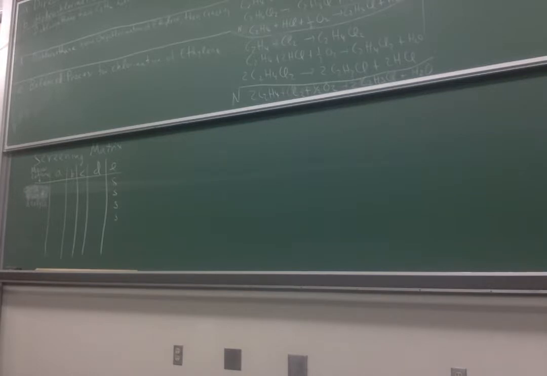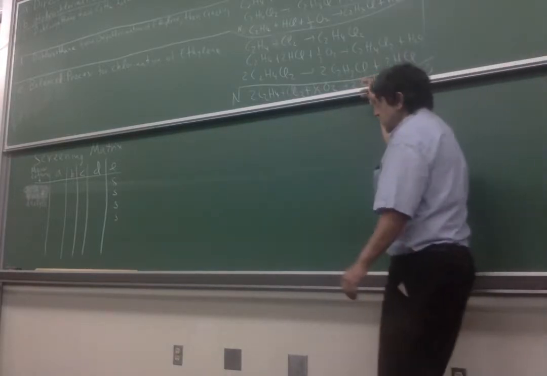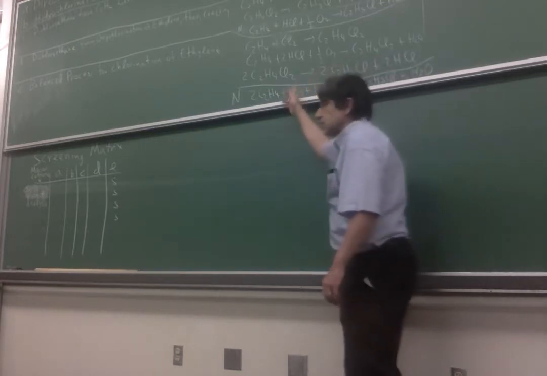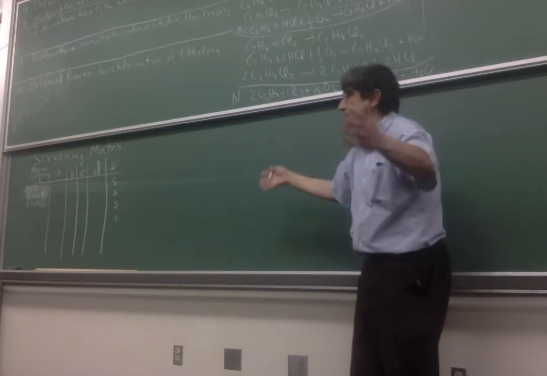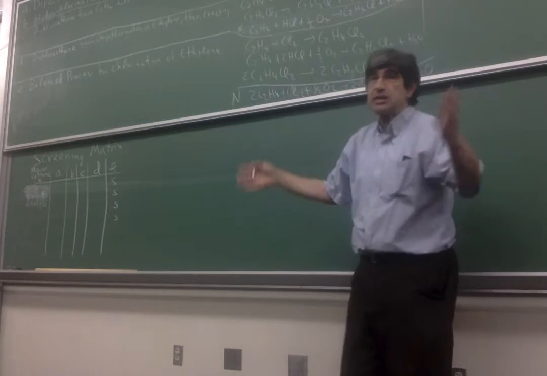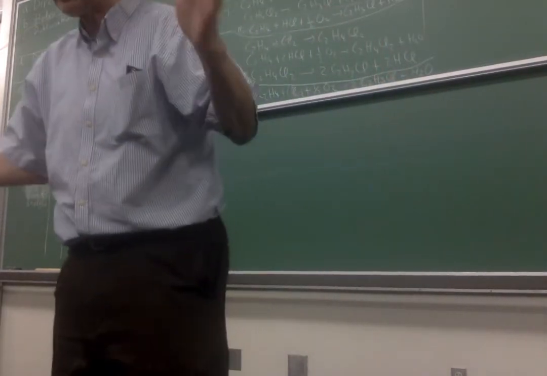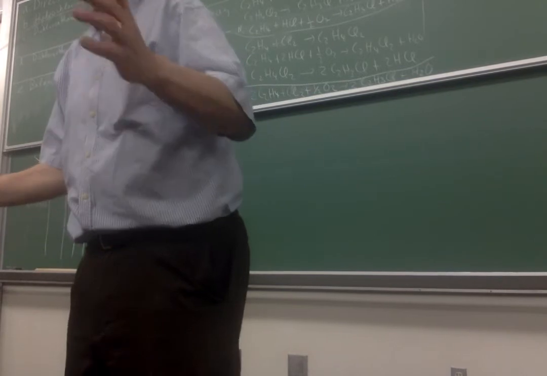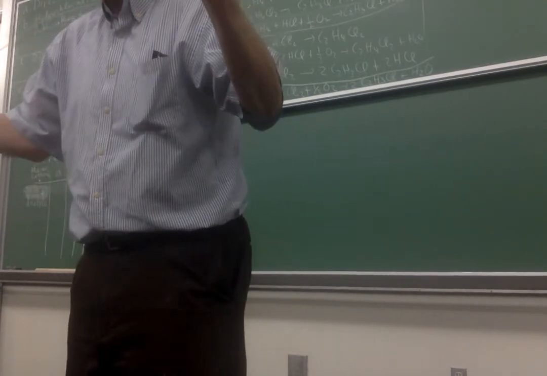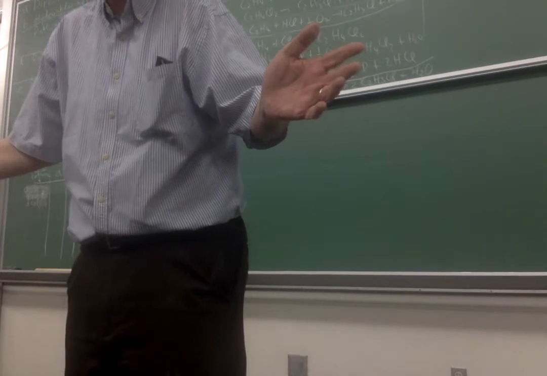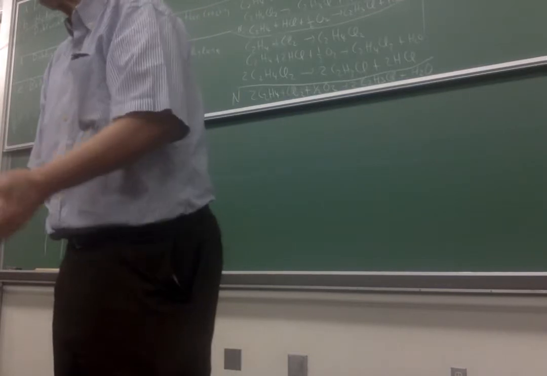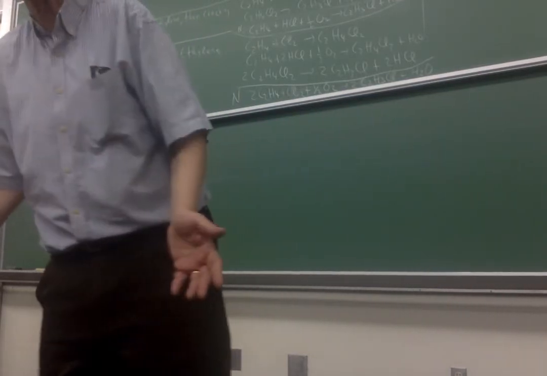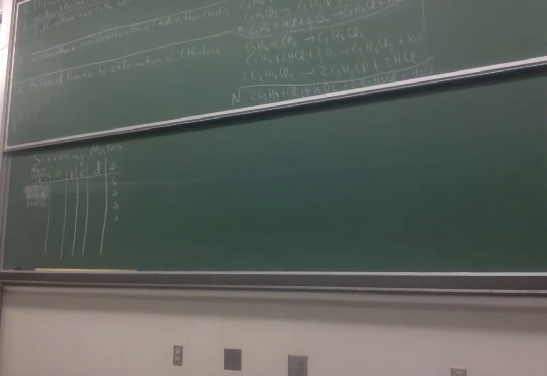So you calculate how much is the value of the products minus the value of the reactants per, let's say, mole of vinyl chloride that I made. This is called the gross profit, and I'll do an example in a second, or maybe next time if we don't have time. If that value is negative, I can stop. If your reactants are more valuable than your product, obviously you're not going to make any money out of that. So that's the very first thing you'll be calculating: the gross profit analysis.